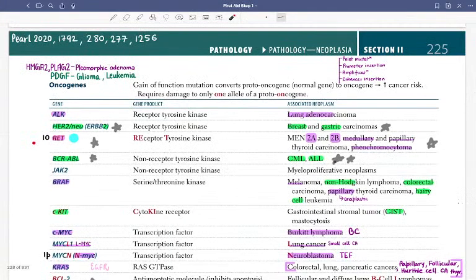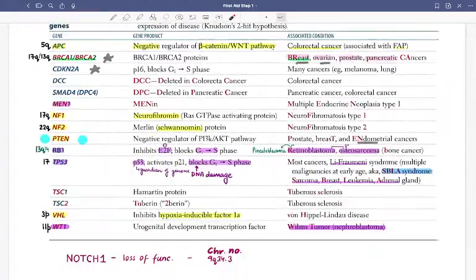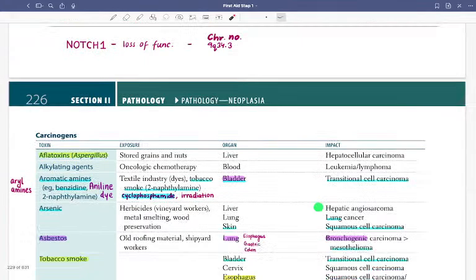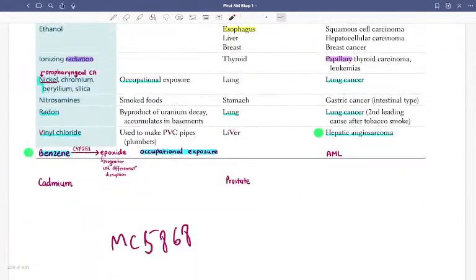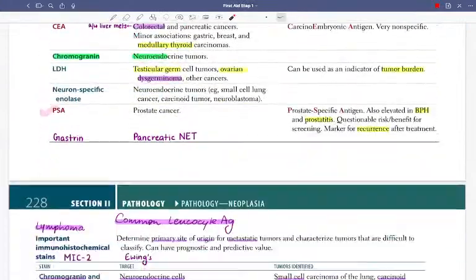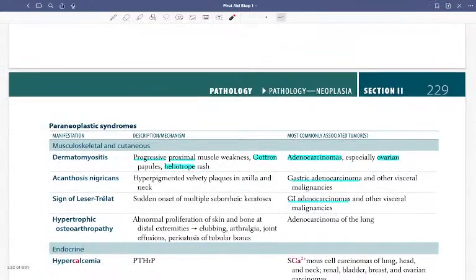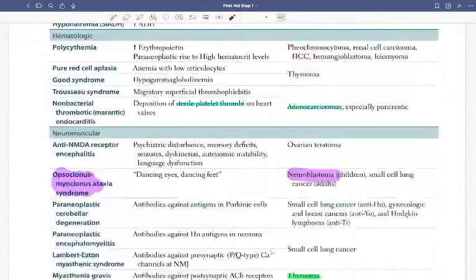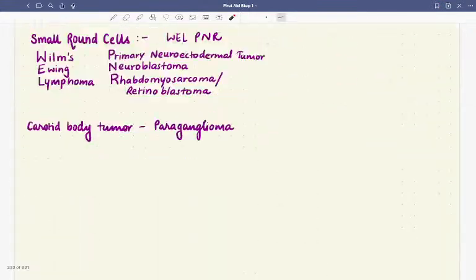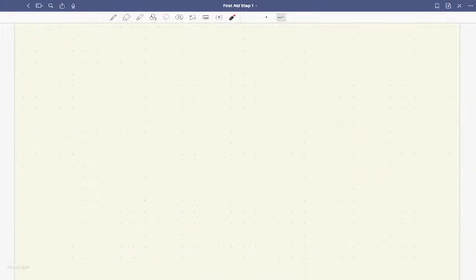Next, I just can't stress the importance of this table. This is supposed to be revised at the last moment as well, and this one also. Consecutively, 5 pages of super useful information, and then we'll stop this video.